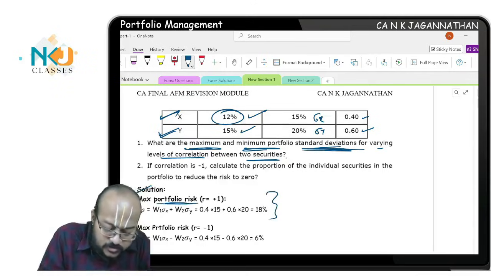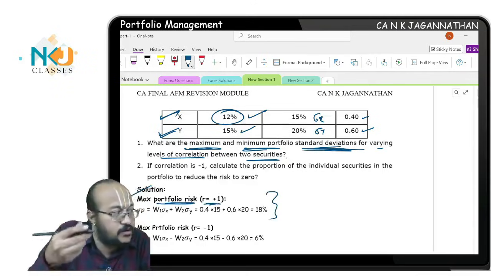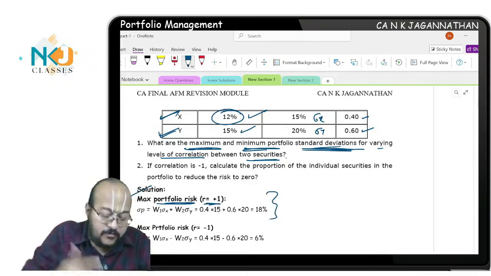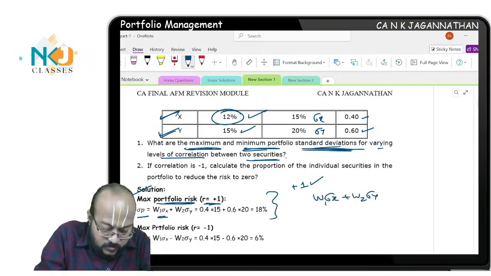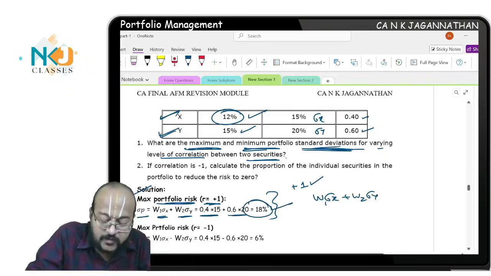So the max portfolio risk is when the correlation is +1. The formula is simply A plus B, which is weight 1 sigma x plus weight 2 sigma y. 0.4 into 15% and 0.6 into 20% gives you 18%. This is the maximum portfolio risk.